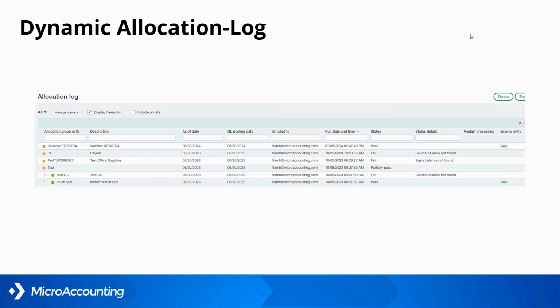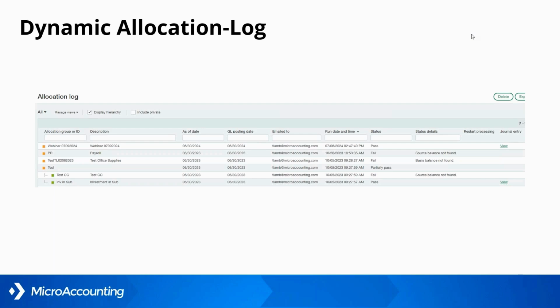One of the really nice things about the dynamic allocations is you can kind of test it and see if you're getting the results you want. If you aren't, and you've got permission to set these up and edit these and delete these, you can go delete this allocation run. So even this one that has passed, I didn't grab this all the way to the far right on the screenshot, but you would have a column there where you can check that and delete it, and it would delete that run of that allocation and delete the underlying journal entries that it's created.